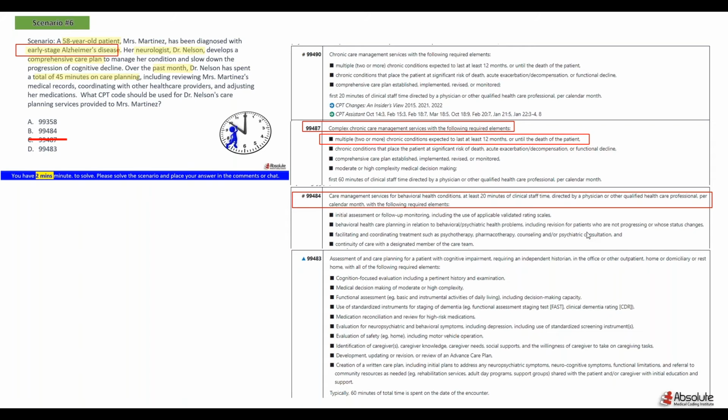So this is just for care management services. And what we had here was a complex care management service performed, and it's not just care management services. So I think option B is also incorrect. And let me look into the next one.